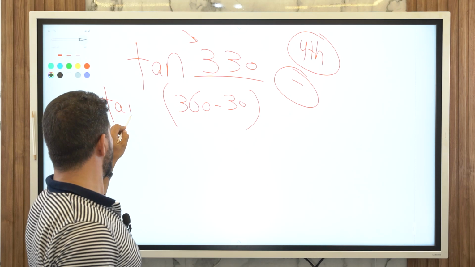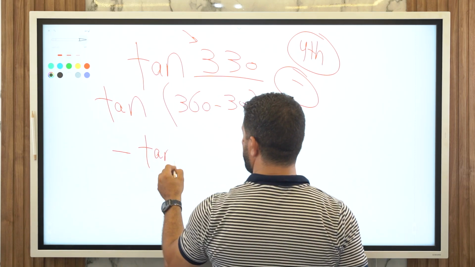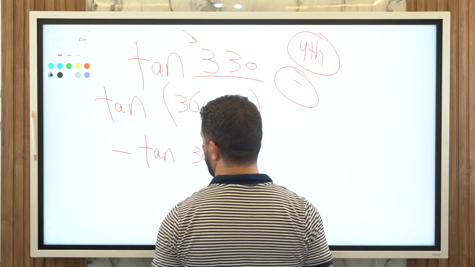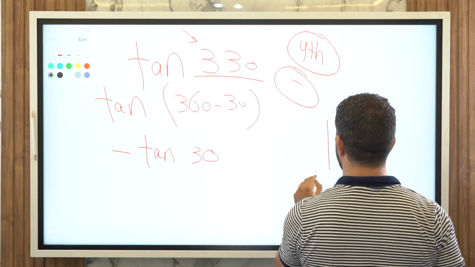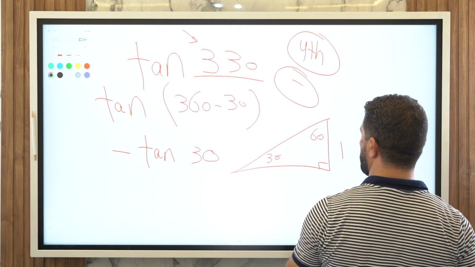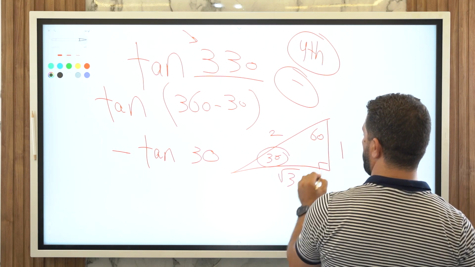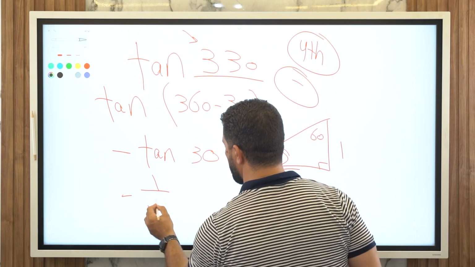So that is equal to tan of 360 minus 30, which is negative tan 30. What is tan 30? Don't use the calculator. It's the 30-60-90 triangle: here 1, here 2, and here root 3. So tan 30 is opposite over adjacent, so it's negative 1 over root 3.